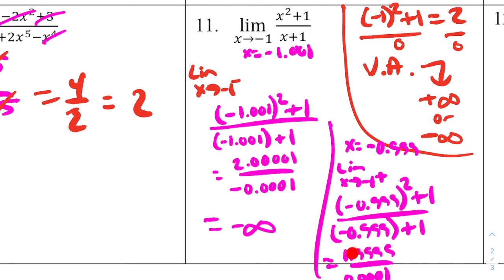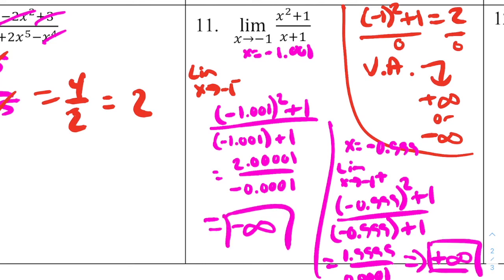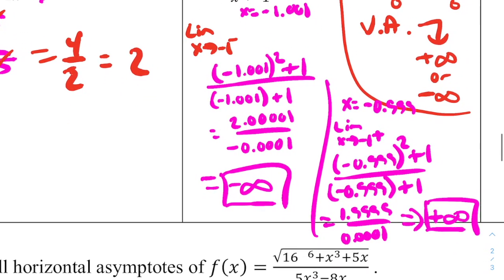Again, I have a positive being divided by a positive, which tells me this is going towards positive infinity. Now I've got that the limit from the left is negative infinity, and the limit from the right is positive infinity.